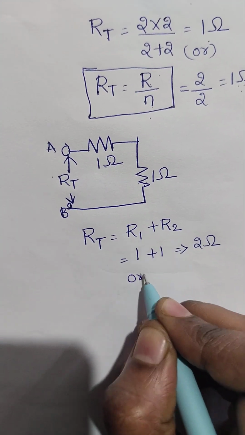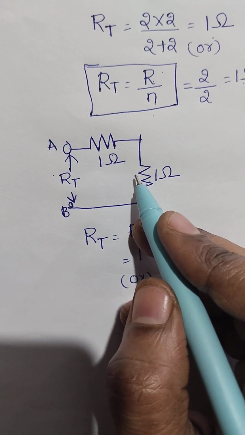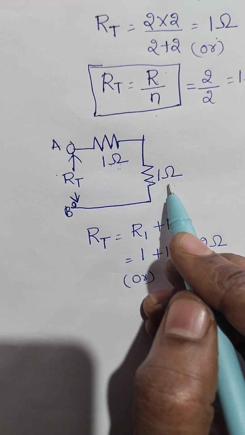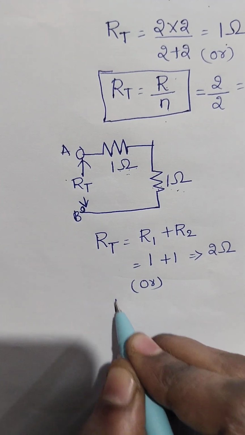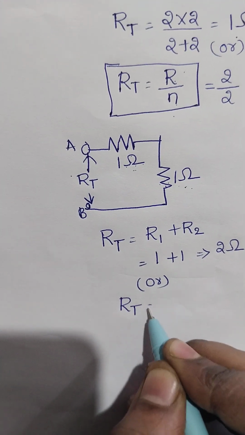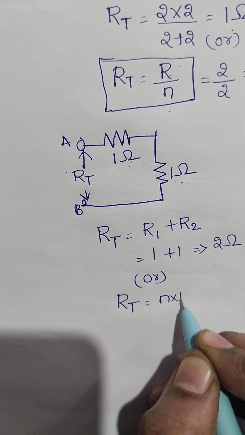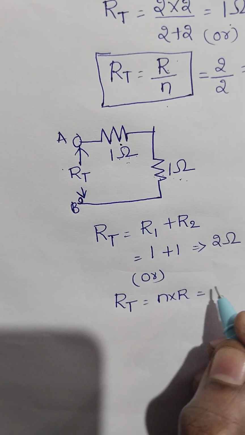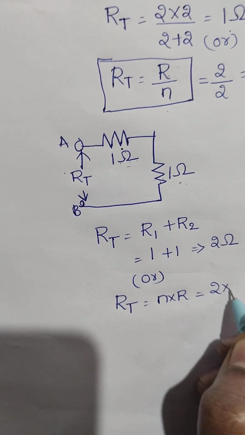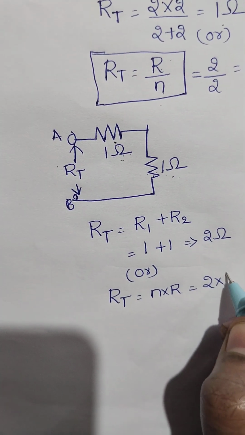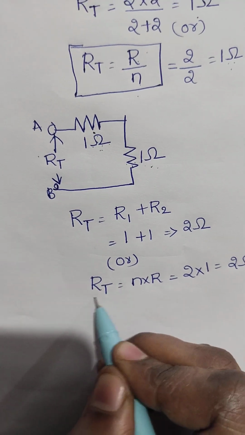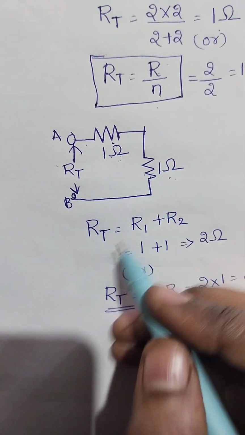We can also apply another formula when two resistors have the same value, that is R total equal to N into R. How many similar resistors are connected in series? 2, and resistance value 1. So 2 ohms.